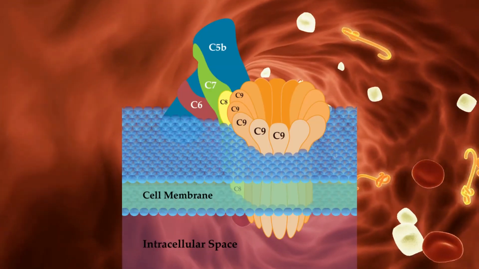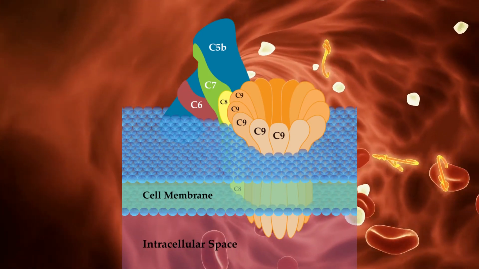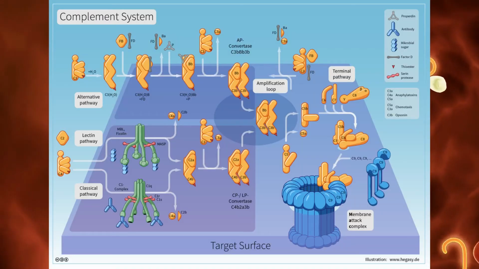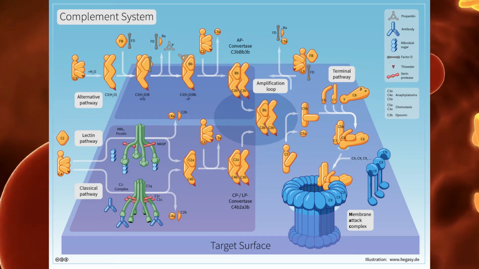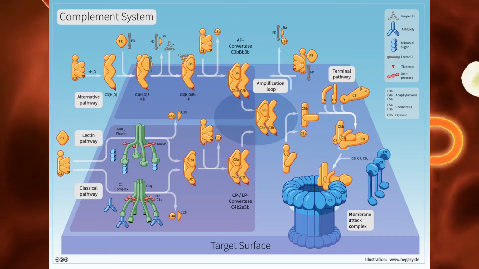Once you have C5b active, you get something called the membrane attack pathway initiating as well. This is a raft of proteins, specifically C5b, C6, C7, C8, and polymeric C9.